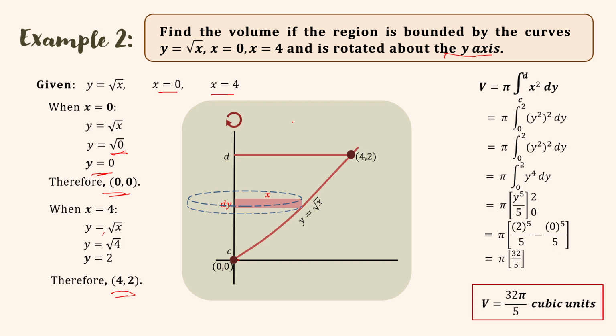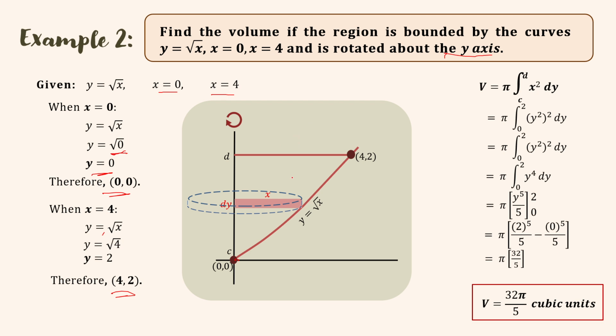But you could make use of ordered pairs, class, in illustrating. This is the parabola opening to the right. So we need to first get the intersection: (0, 0) and (4, 2).